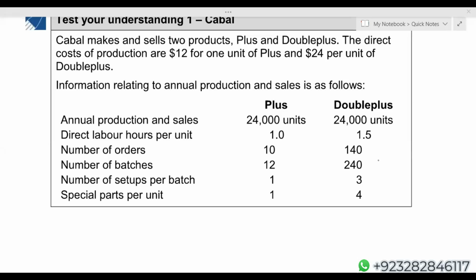Obviously, I did mention in lecture 1 also that you will not be having a long question on ABC. But ABC is examinable in Section A of your paper as well as Section B. So instead of going directly towards the discussion of multiple choice questions, let us discuss at least one long question.